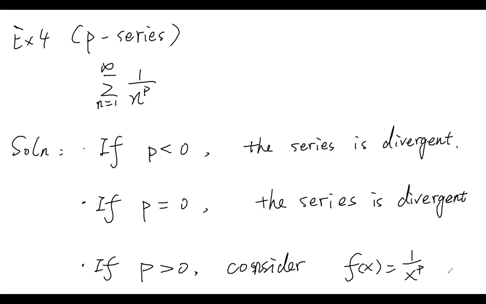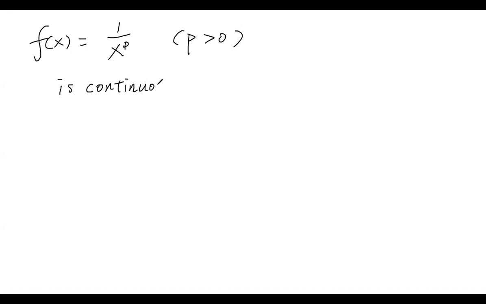And we want to use the integral test. So first we need to check if it's suitable for the integral test. The function f of x equals 1 over x to the p power, when p is greater than 0, is continuous on 1 to infinity.